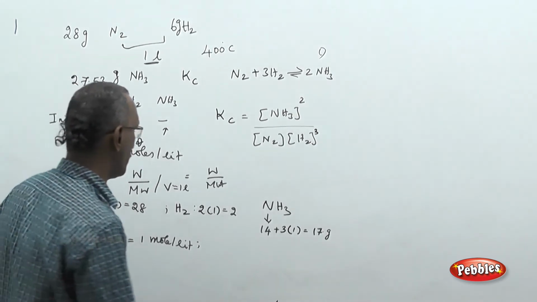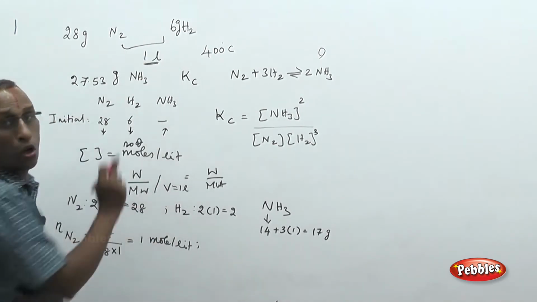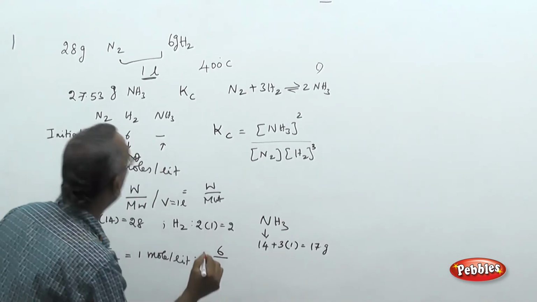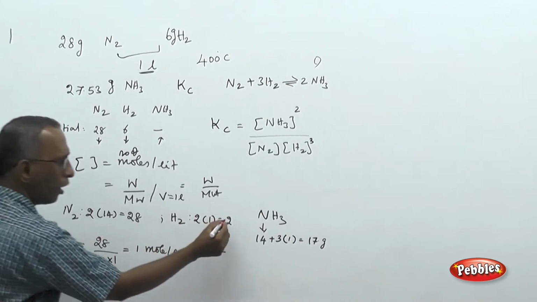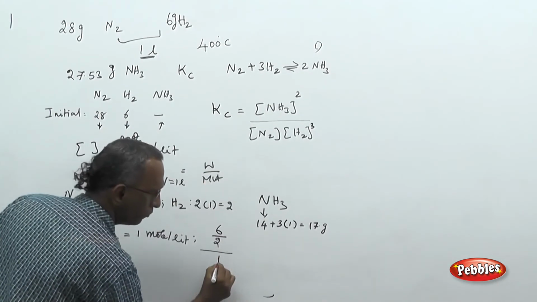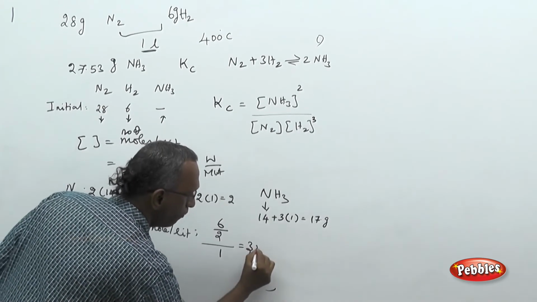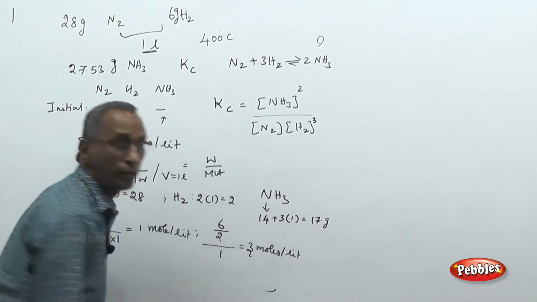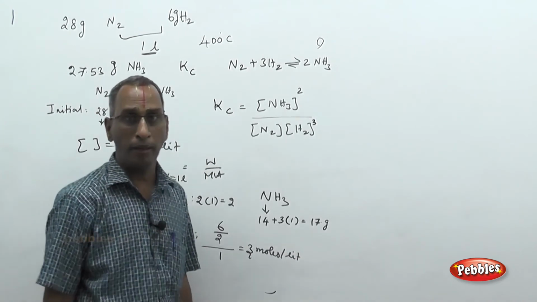Now for hydrogen, 6 grams are taken. So 6 grams divided by its molecular weight, 2, total divided by 1 liter, so 3 moles per liter. Hydrogen is 3 moles per liter.